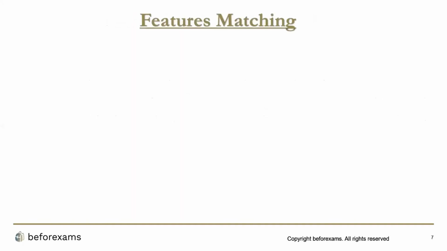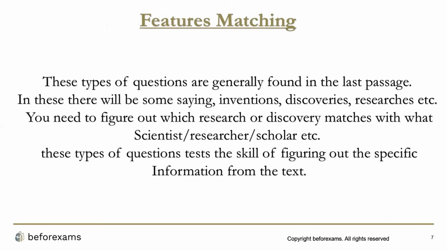Next type of questions is the features matching question. Now, these types of questions are found in the last passage, because these are the tough questions, and tough questions is what you will find in the last passage of your IELTS reading test.